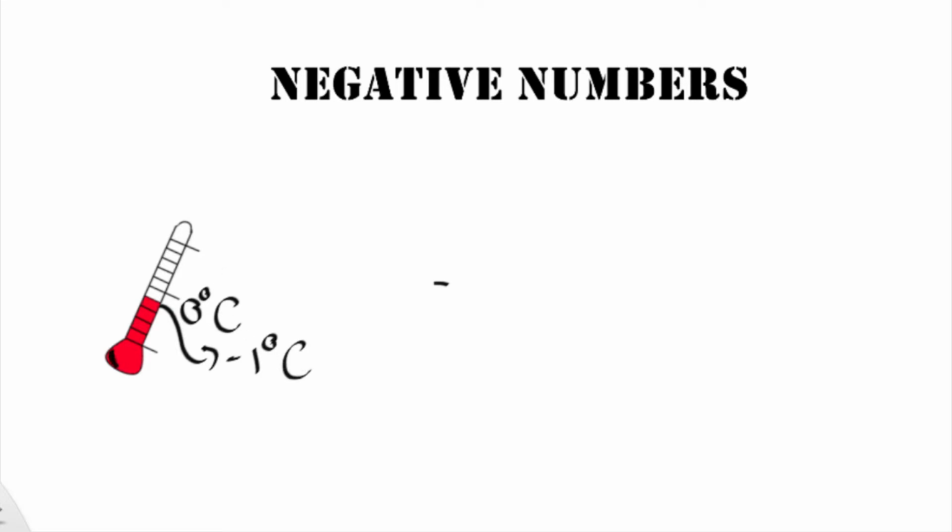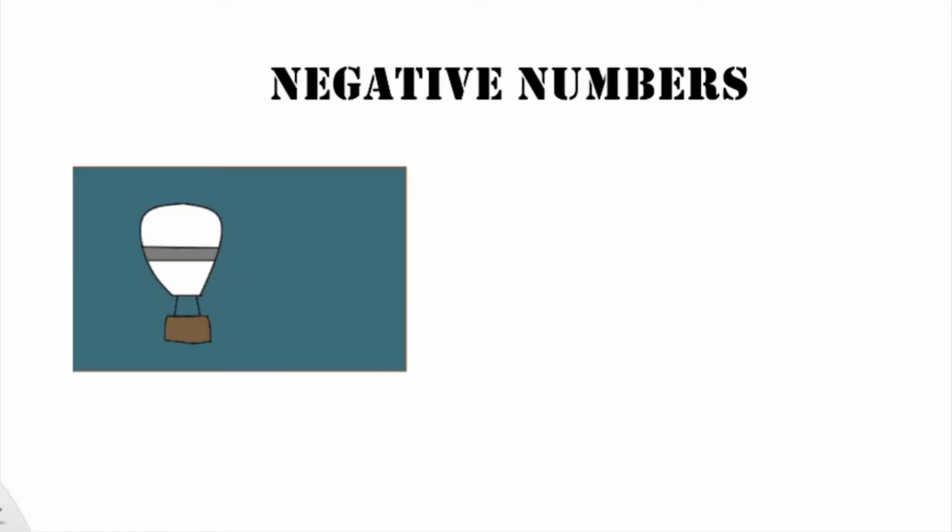But let's suppose the temperature is actually around here. So let's start counting down. We know that here we have 0 degrees. If you go on down, it's -1, -2, -3, and -4. So we're going to end up with -4 degrees Celsius.